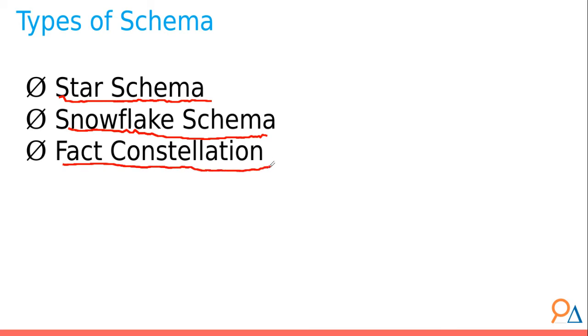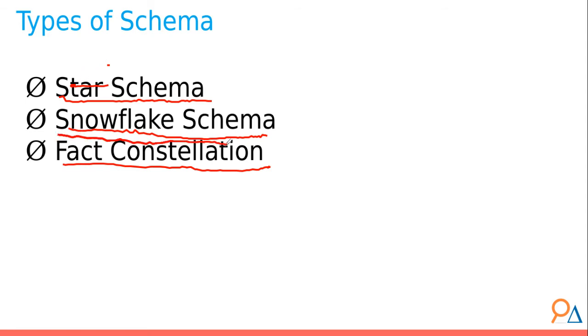So these are very simple and easy. Star schema, as its name suggests, is a schema that resembles a star. That's it. Snowflake schema is an extension of star schema. It's a normalized star schema.